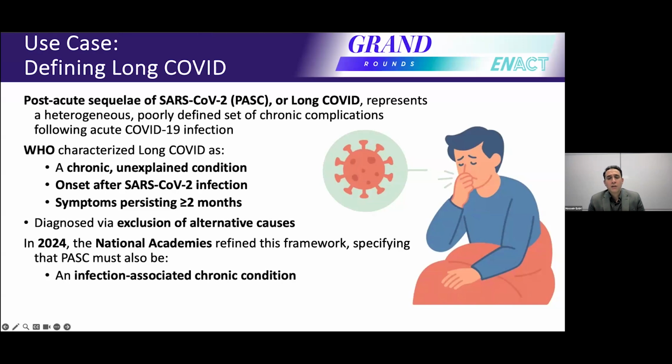Then in 2024, the National Academies of Sciences, Engineering, and Medicine took it a step further. They emphasized that long COVID should also be classified as an infection-associated chronic condition, basically strengthening the link back to the original viral insult, but also acknowledging its long-term systemic effects.